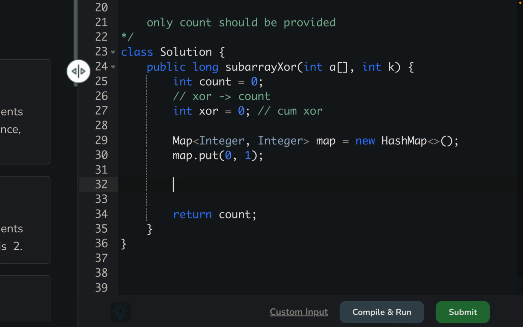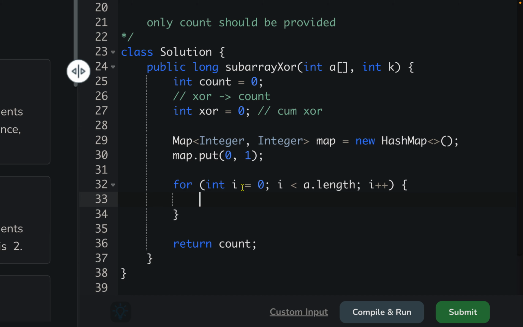So yeah, 0 means there's nothing, you have taken nothing, and hence you got 1 occurrence if you're taking nothing. So for int i equal to 0, i less than a.length, i plus plus, and as soon as I get this, I'll do XORing with a of i. Well, I got the cumulative XOR.